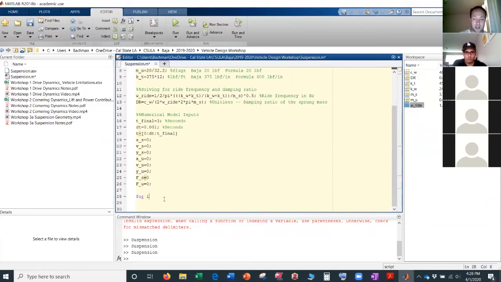So for i equals 1 to the length of t, we're going to solve for the acceleration of the sprung mass.